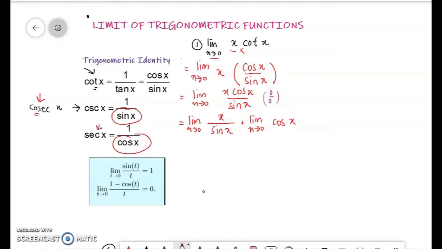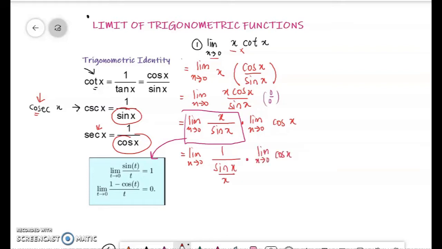Now for this part, how to make it similar with the property? We make it like this: limit x approach to 0 of 1 over sine x over x, times limit x approach to 0 of cos x.